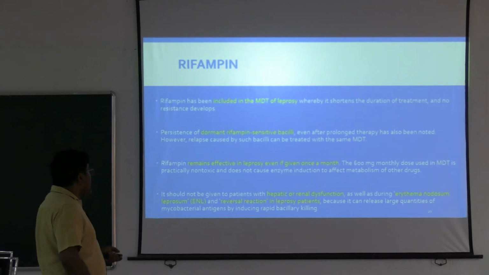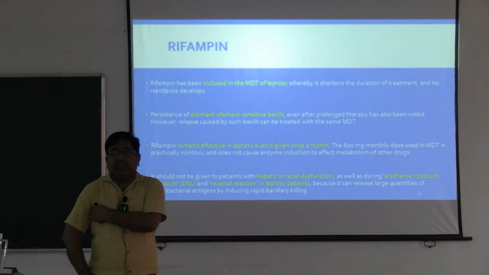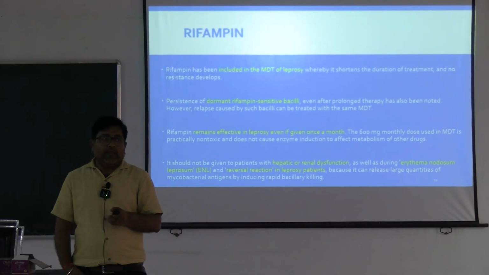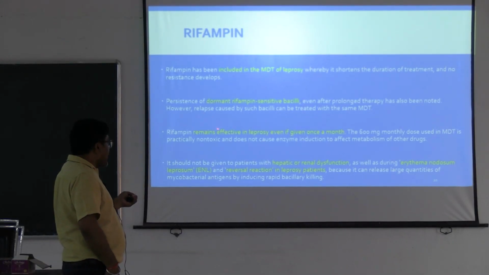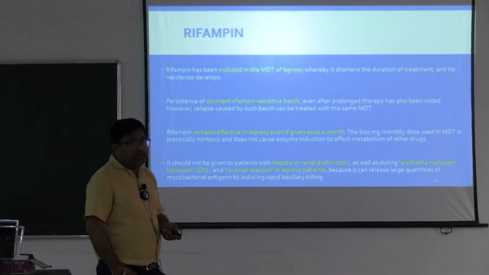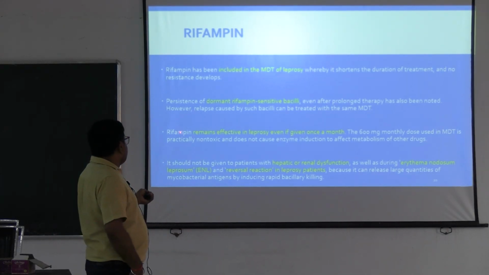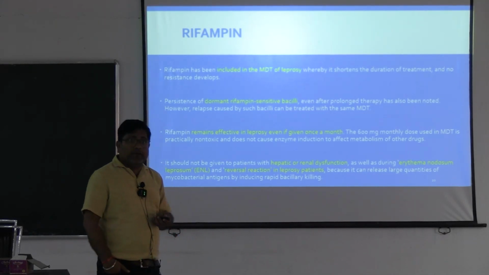Persistence of dormant rifampicin sensitive bacilli can be seen even after the completion of multi-drug therapy. In those cases, after the drug is withdrawn, there is a chance of relapse that can be treated with the same multi-drug therapy regimen. Rifampicin remains effective in leprosy even if given once a month.